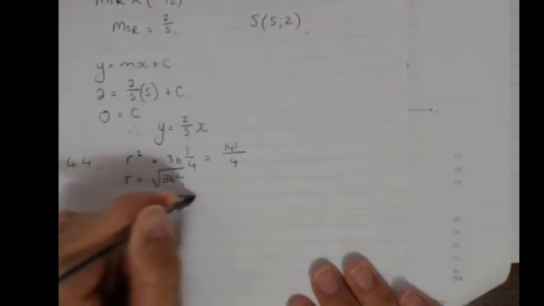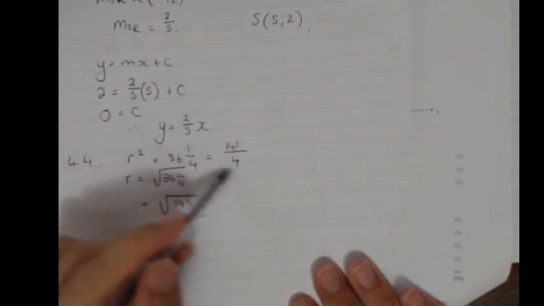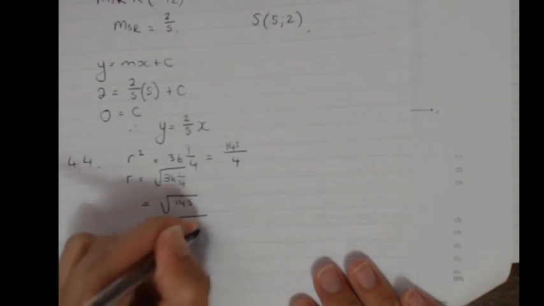So the radius is root of 145 over, and the square root of 4 is just going to be 2.